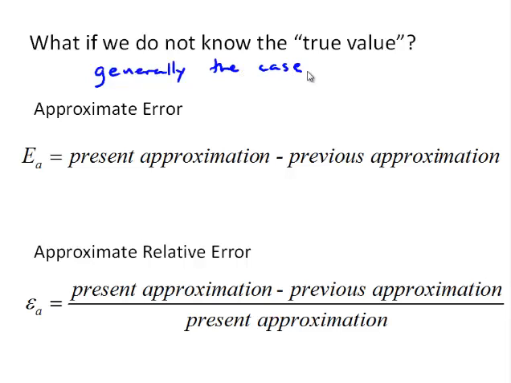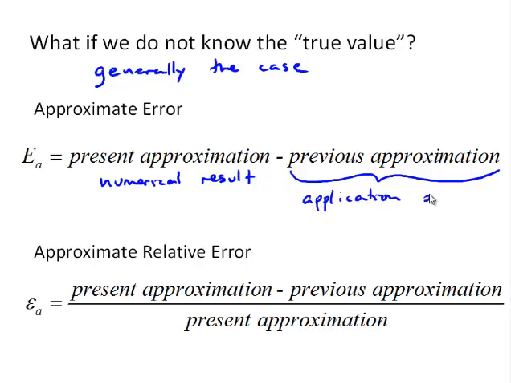So we can use another measure of error called approximate error. And approximate error is defined as the present approximation, and this is again our numerical result, minus the previous approximation, and this is a numerical result. It's an application of the same algorithm with less precision.